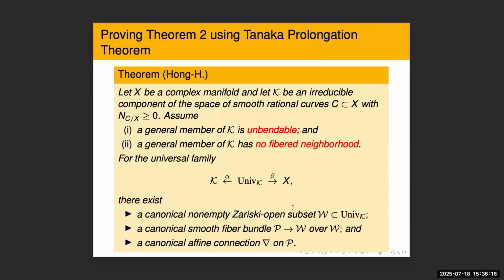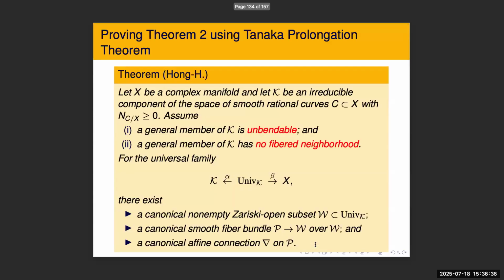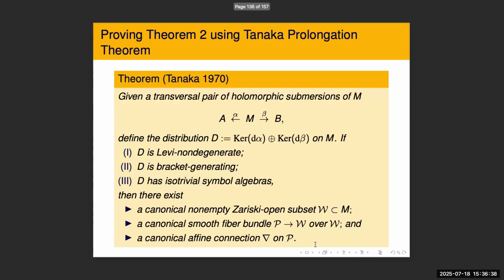And then we need something like this: some open set in the universal family, some fiber space, and some affine connection, all canonical. This looks very similar to Tanaka's statement, right? Especially the last 3 statements are exactly the same as Tanaka's statement. So we may try to prove our theorem using Tanaka's theorem.